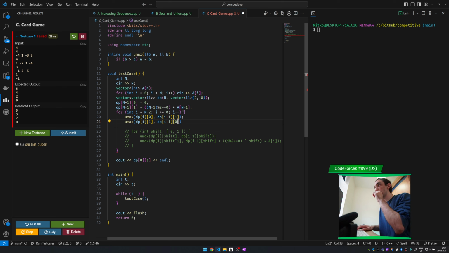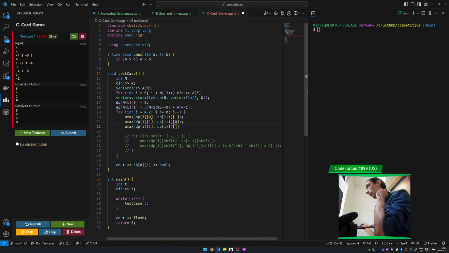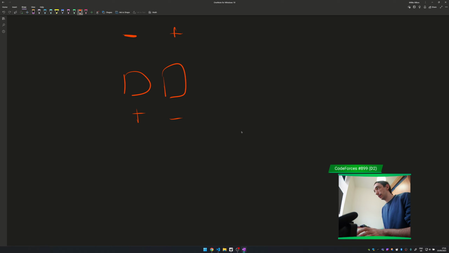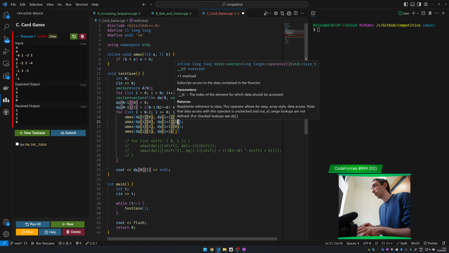We just say dp of 0, and that's pretty much it. Or we buy this element, in which case we say that, if here is this and we buy this element, then here is the maximum of this and this.